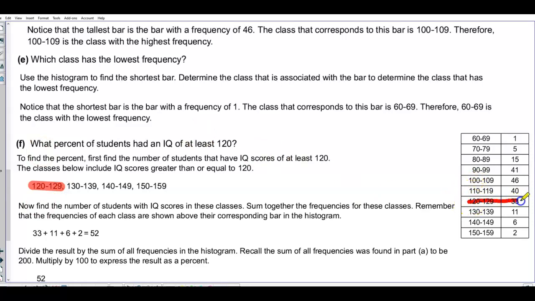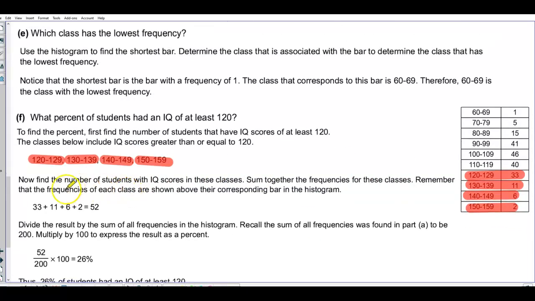And so the frequency is 33. And then we got 130 to 139, which gives us a frequency of 11. We have 140 to 149, which gives us a frequency of 6. And then 150 to 159, which gives us a frequency of 2. So now that we found those numbers, we have 33, 11, 6, and 2. When we add them together, it gives us 52.